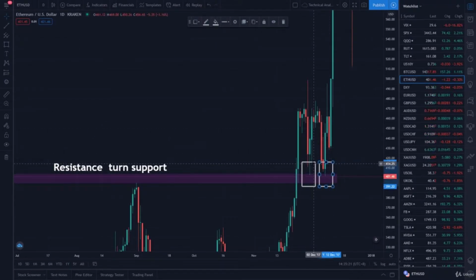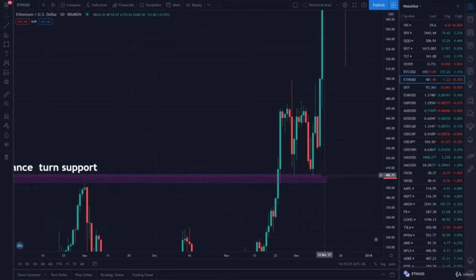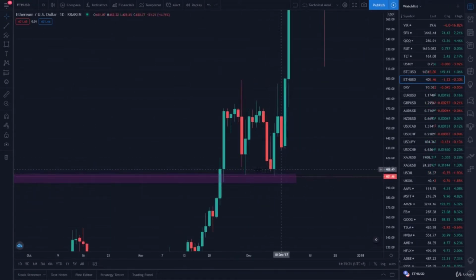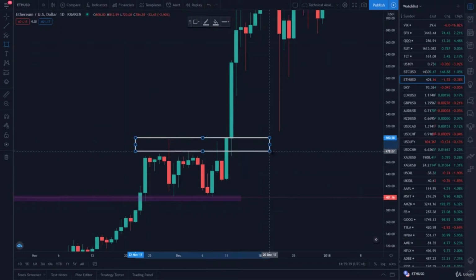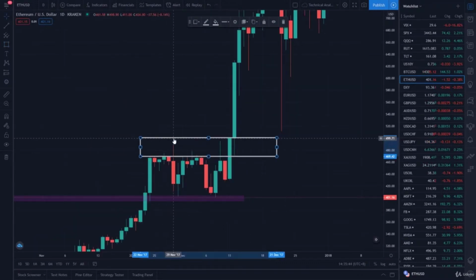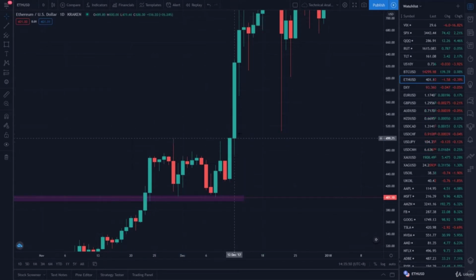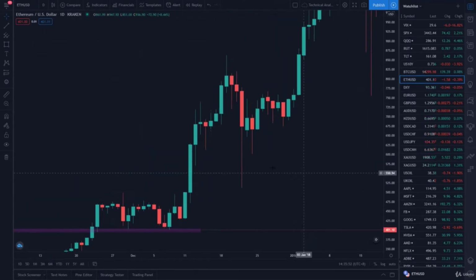Now that is a confirmation that this line here has now transformed from a previous resistance into a current support level, and it managed to break. Now this principle is also the same for this area here, where you get a resistance level and the candles are telling you that these levels are all unable to be broken. But once we finally get a breakthrough, we then move to new highs. Likewise, you get a retest subsequently over here.